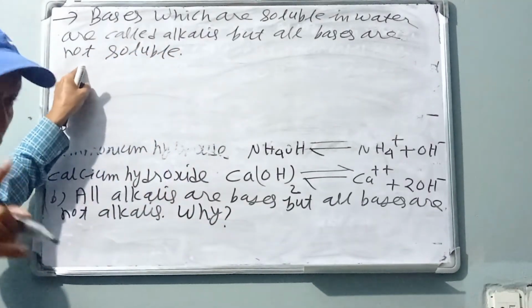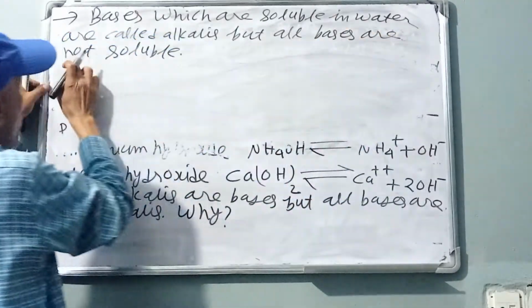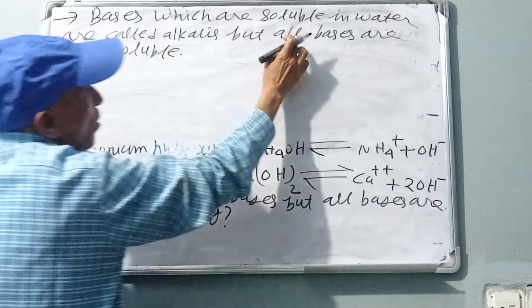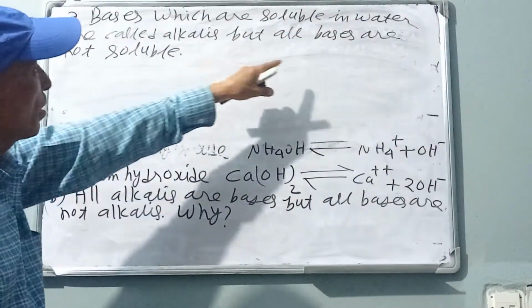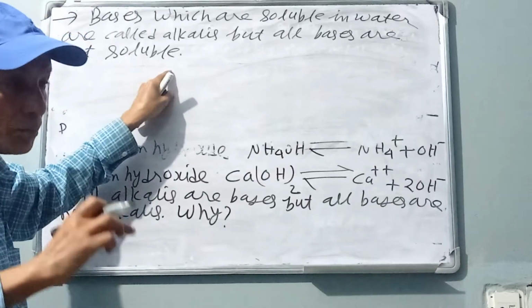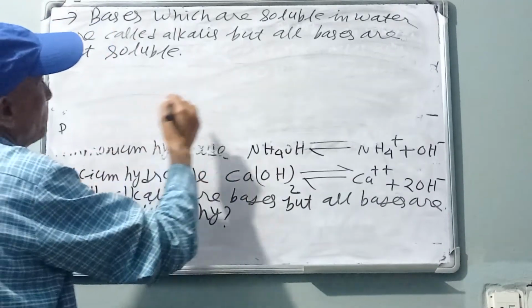All bases are not soluble. Here, not soluble. Don't write all bases are insoluble. You can write all bases are not soluble, but you cannot write all bases are insoluble. All bases are not soluble means some bases are soluble, some are insoluble.